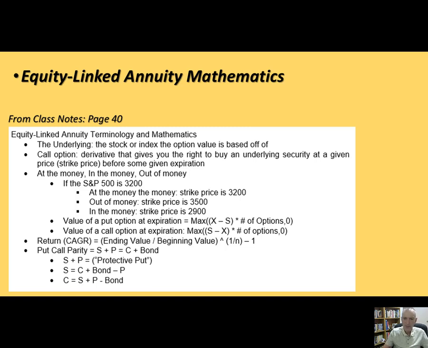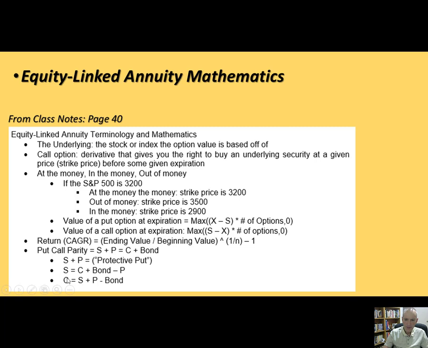Well, buying a call option is the same thing as buying the stock and buying a put and selling a bond whose maturity value equals the strike price. We're going to discover that this is essentially what an equity-linked annuity is.